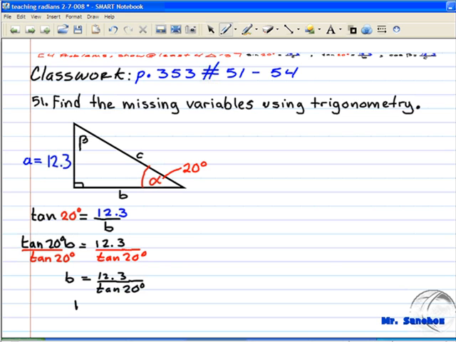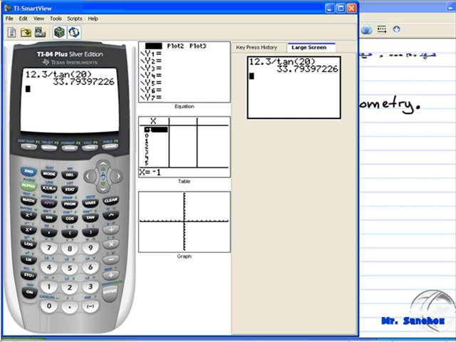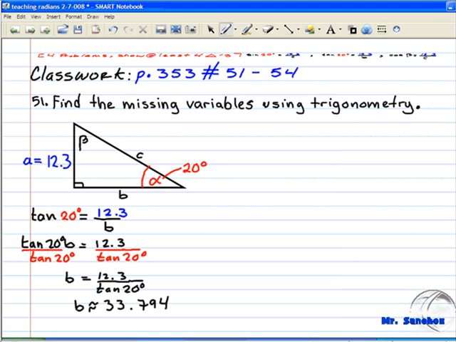So now I'm going to transfer the approximate answer onto my paper. So again, the distance of the adjacent side to alpha is approximately, up to 3 decimals, 33.794, and that's one answer. Going alphabetically, we found b.